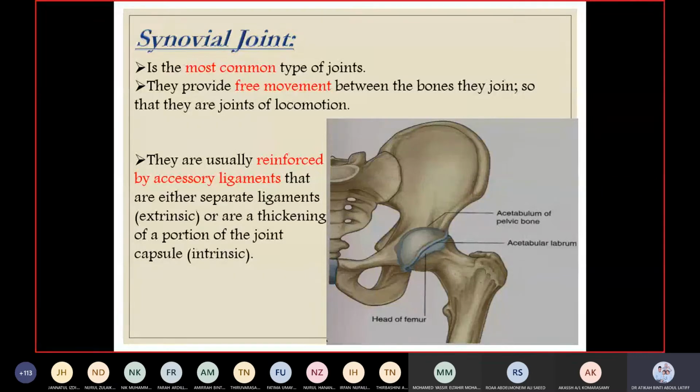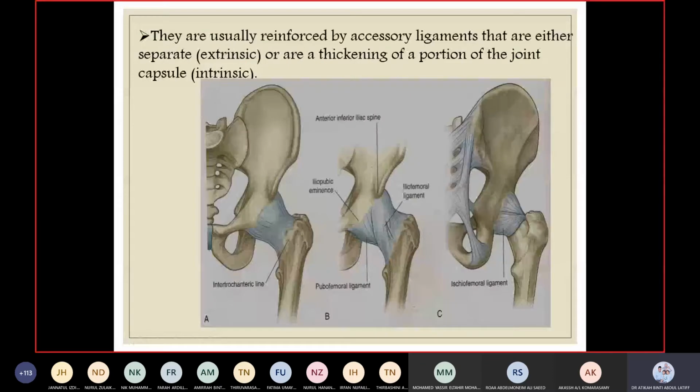so that it doesn't become dislocated. So for example here, this is an example of a synovial joint between your head of femur and pelvis. Okay, so as I mentioned, they have ligaments to support, which are extrinsic and intrinsic. So intrinsic ligament is the thickening portion of the joint capsule itself.